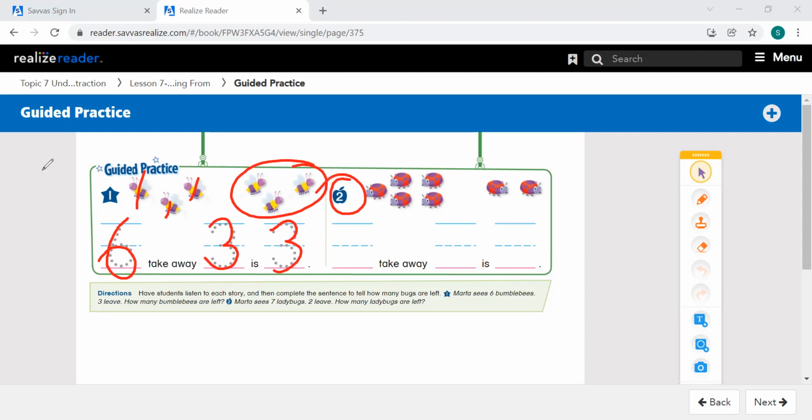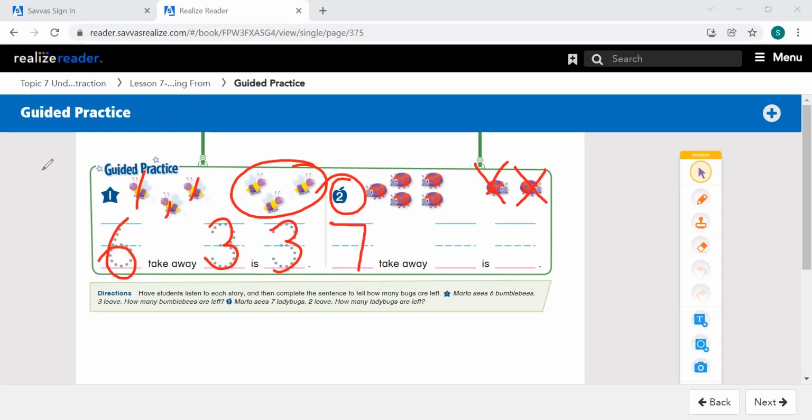We have ladybugs. We have 7 ladybugs in all. 2 ladybugs leave. So we can mark X's on the ones that leave. How many ladybugs are left? So first we write how many in all.